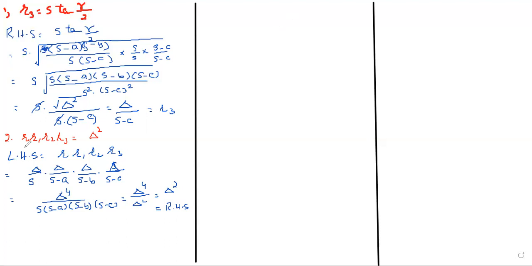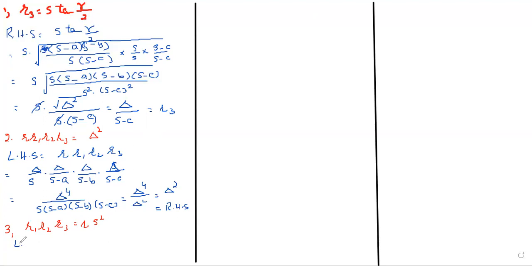Question number 3 is prove that R1, R2, R3 equals R S square. Let's take the left-hand side again. So this is the solution.